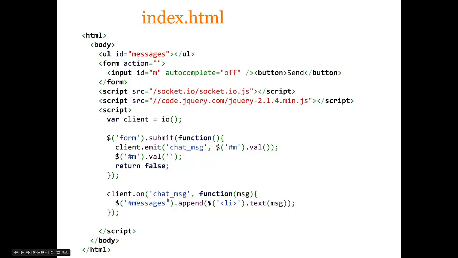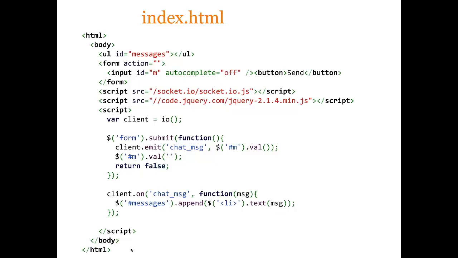It uses a jQuery selector to gain access to the messages unordered list. It then appends a new list item tag and sets the content of that tag to whatever message was sent back from the server. So that completes the whole life cycle of this particular application.